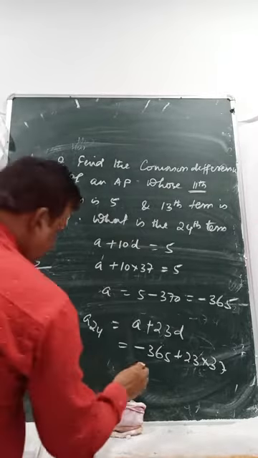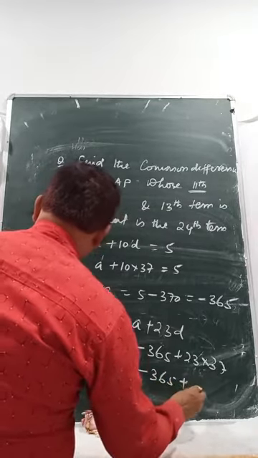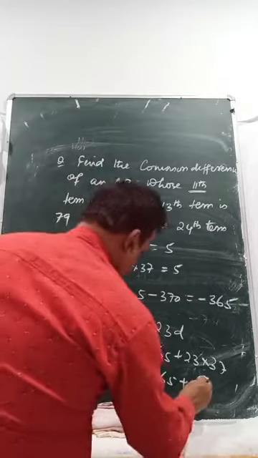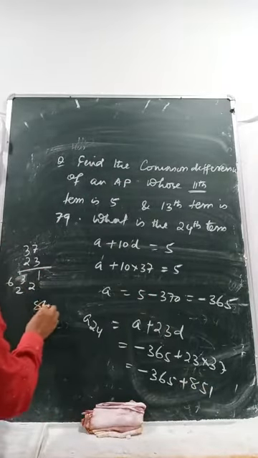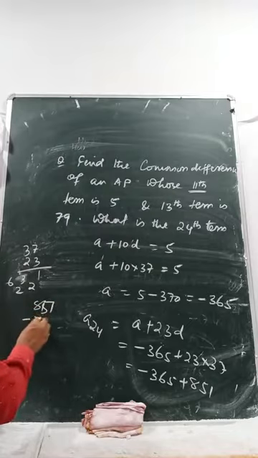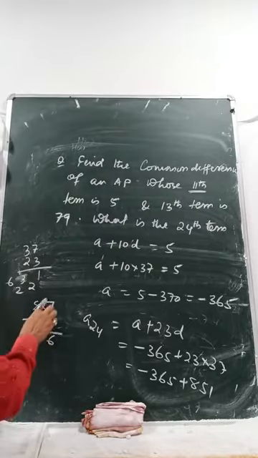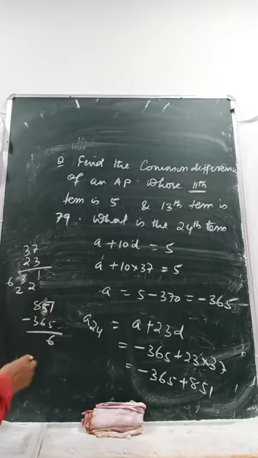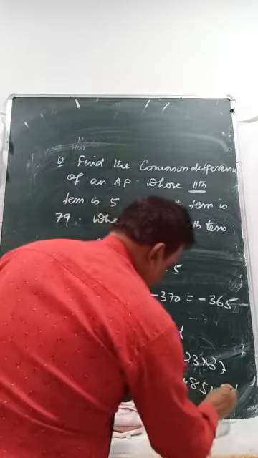This is minus 365 plus 851. So 851 minus 365 is 486.